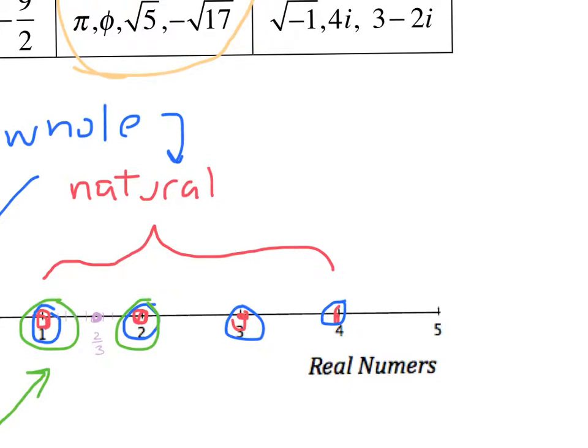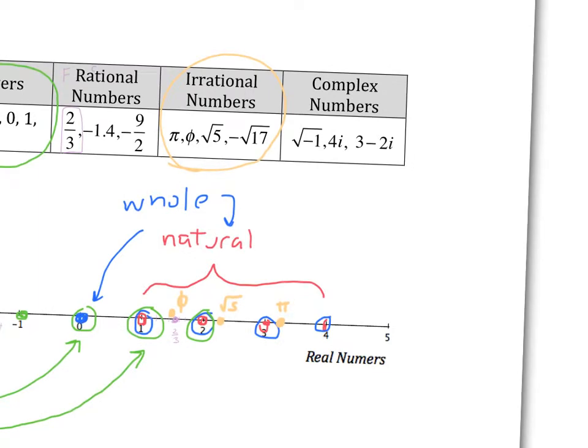Pi lives right about here, and phi, 1.618, is right about there. The square root of 5 is 2 point something or another. So those are all, my friends, irrational.